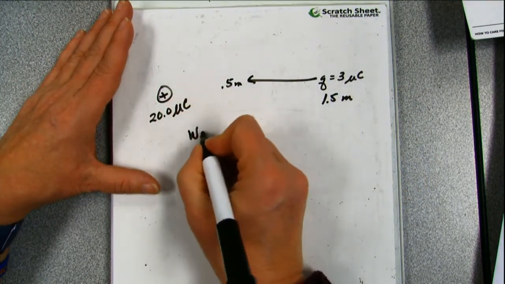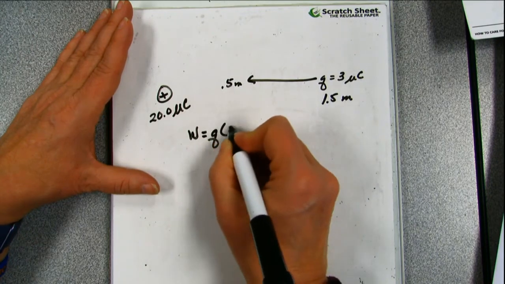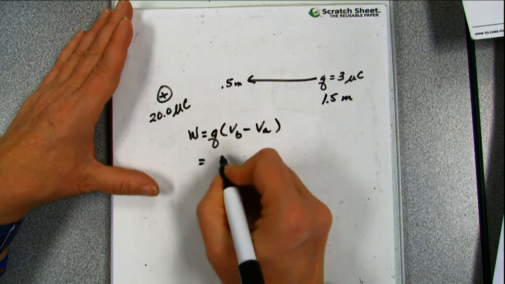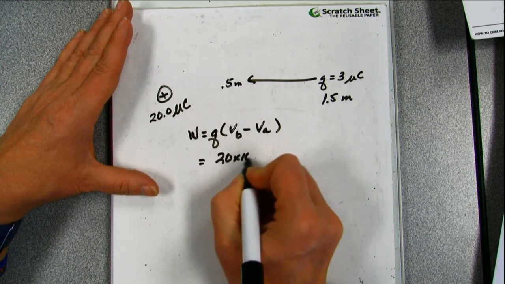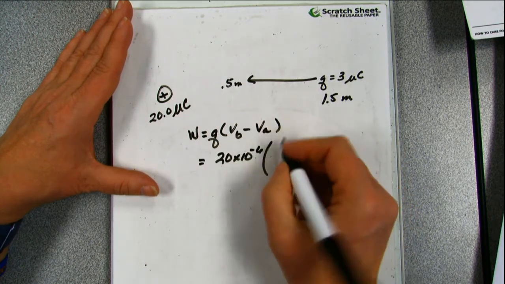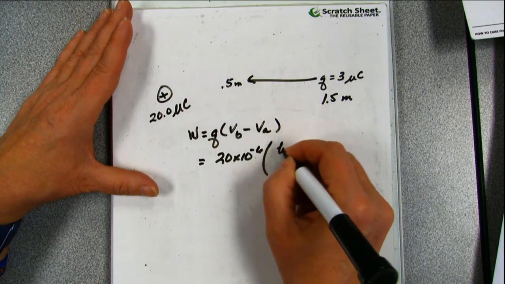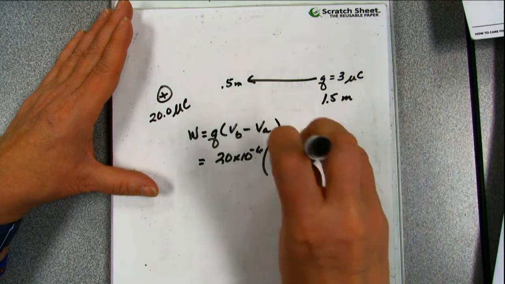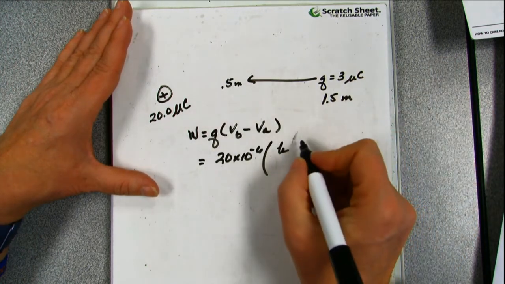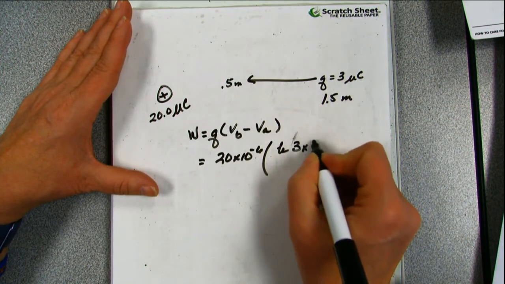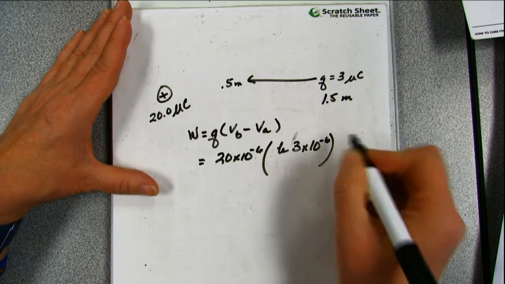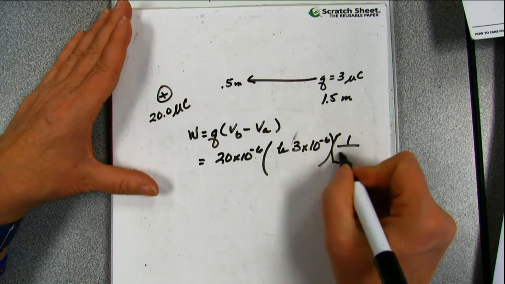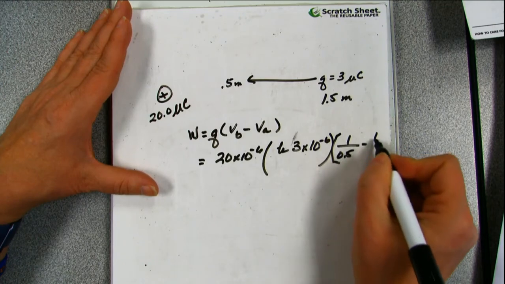We're going to do W is equal to qVB minus qVA. That's going to be my 20 times 10 to the minus 6. I've got my k out here and my q out here, which is 3 times 10 to the minus 6. And then this becomes 1 over 0.5 minus 1 over 1.5.